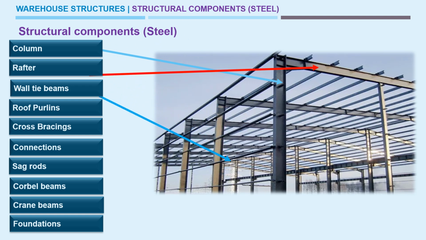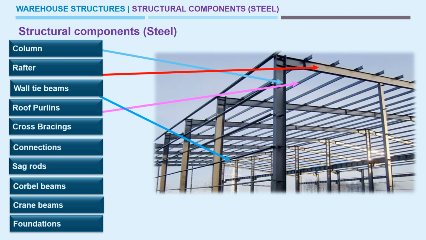Coming to the wall tie beams, they are tied between the columns along the length, or sometimes in the width direction also. This is to hold the wall claddings. Roof purlins, similar to the wall tie beams for wall claddings, are placed on top of the rafter to connect the roof claddings.